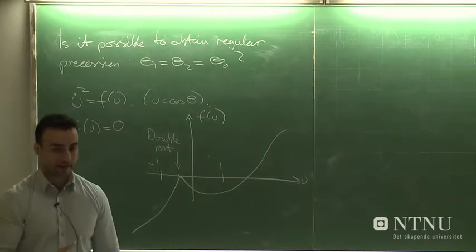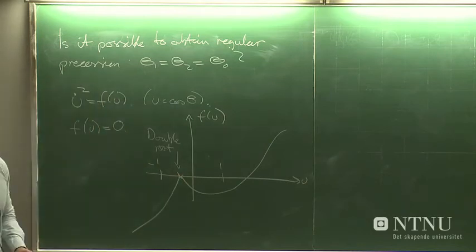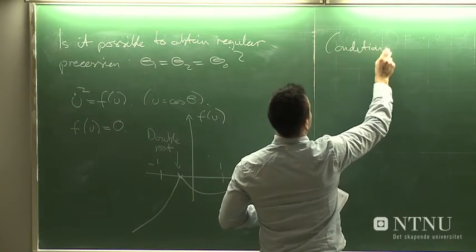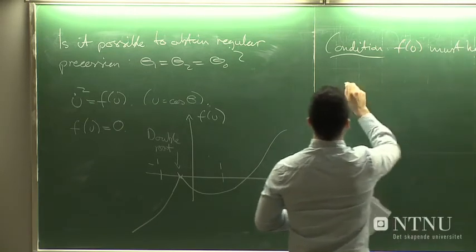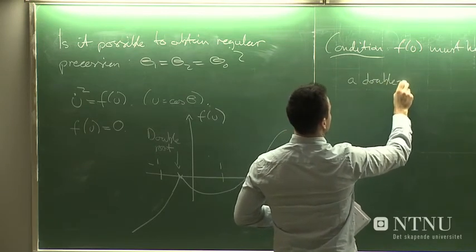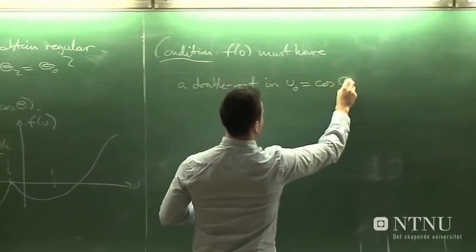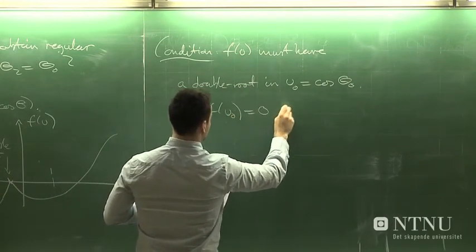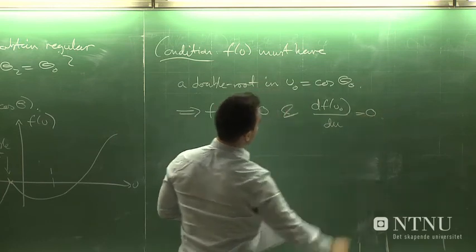And since the physically allowed values of f of u are only greater than or equal to 0, this is the only possible value for theta. So something like this.